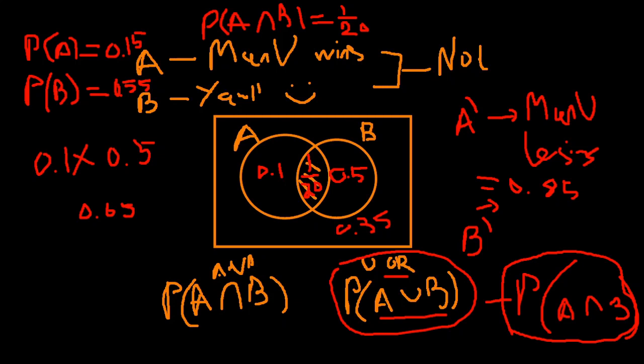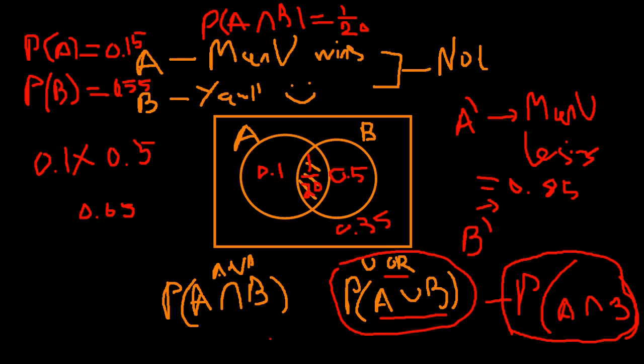But in this case, Man U can win and you can be happy, right? They are not mutually exclusive. So I can't just add their probabilities to get A or B, right? Because there'll be that overlap I have to account for.